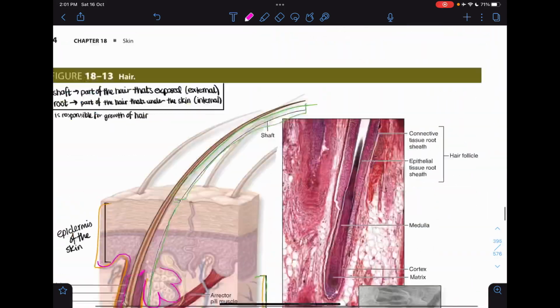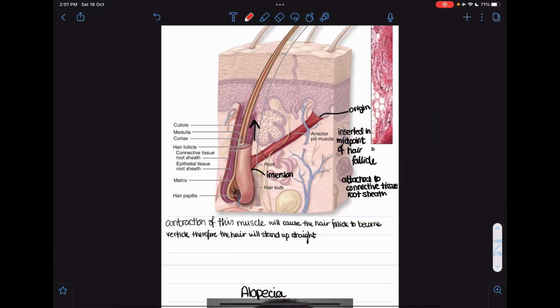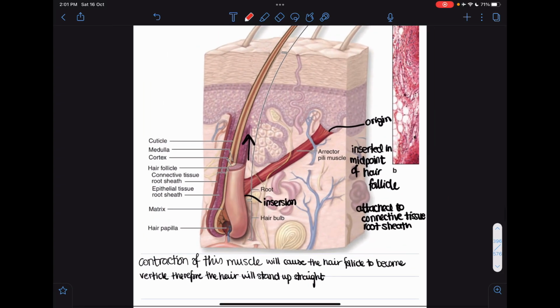Let's find it. Here, the erector pili muscle. Its origin comes from epidermal cells and its insertion is in the middle of the hair follicle. It's attached to the connective tissue root sheath. When this muscle contracts, the hair follicle will become vertical, therefore the hair will stand up straight.